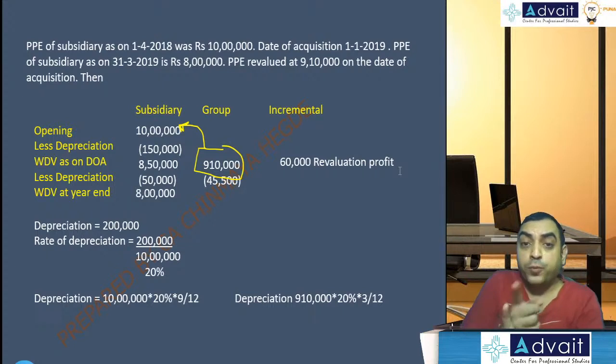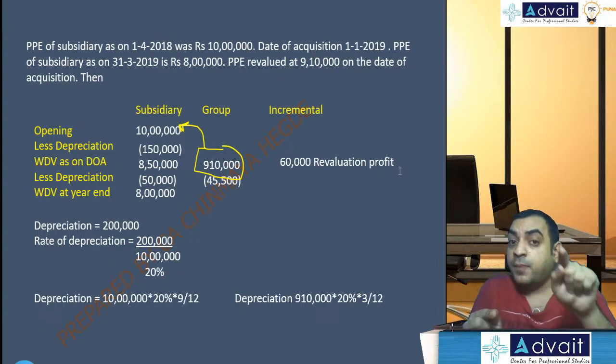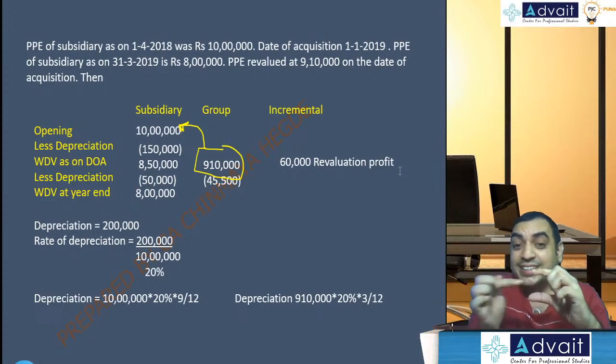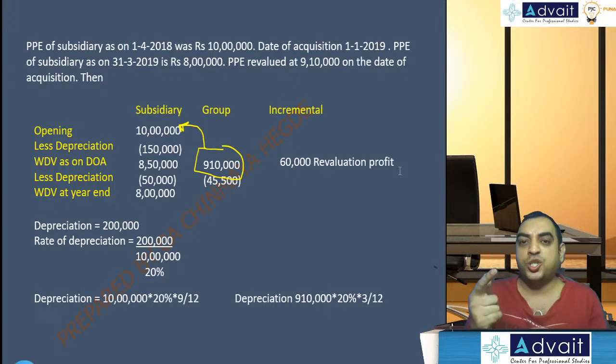So if you compare to WDV, the revalued amount is high, but when you compare it to the opening balance, the revaluation amount is low. So when the revalued amount comes in between the opening balance and the WDV, that is a special situation, and that is when this case will arise.